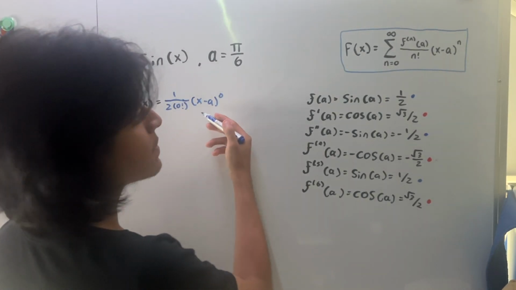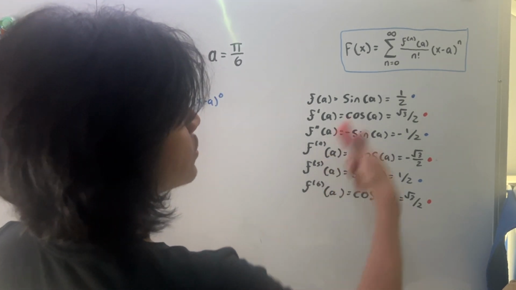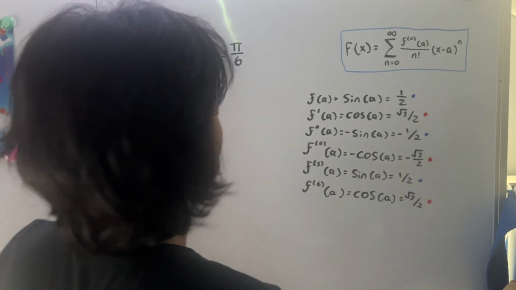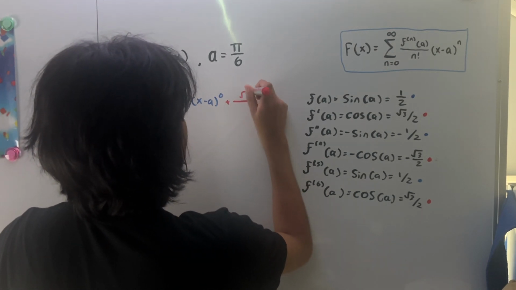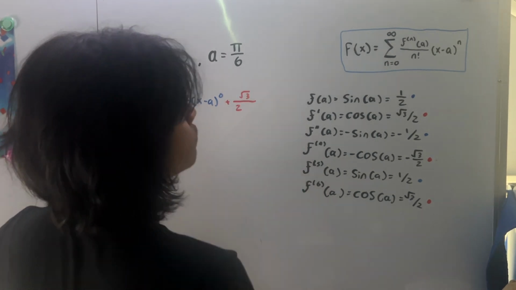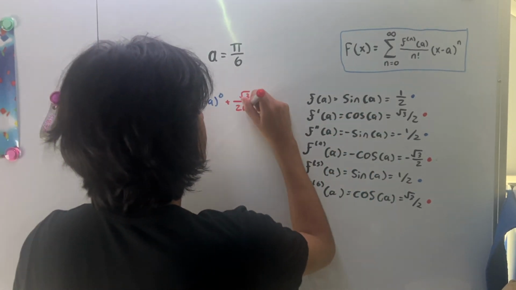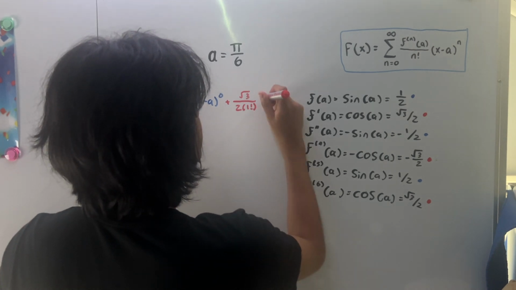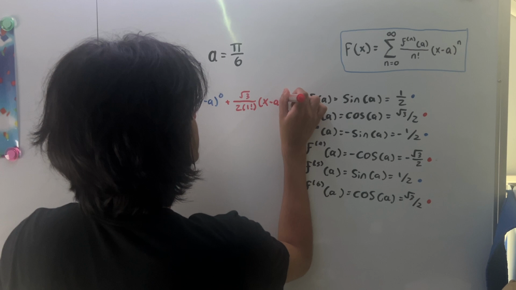So this becomes our first term of our series. Going on to our next term, we get square root of 3 over 2. So plus square root of 3 over 2. And now since n is equal to 1, we're going to be left with 1 factorial. Then we get x minus a to the first power.